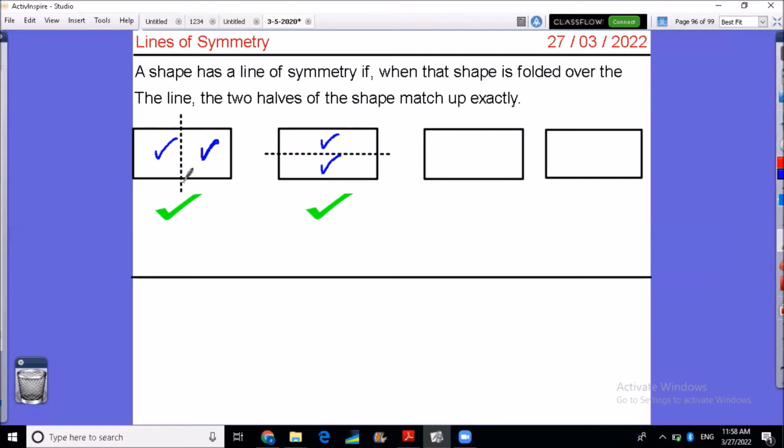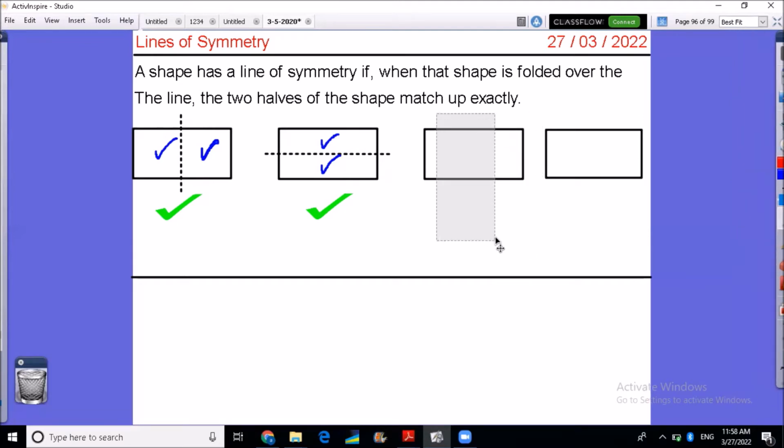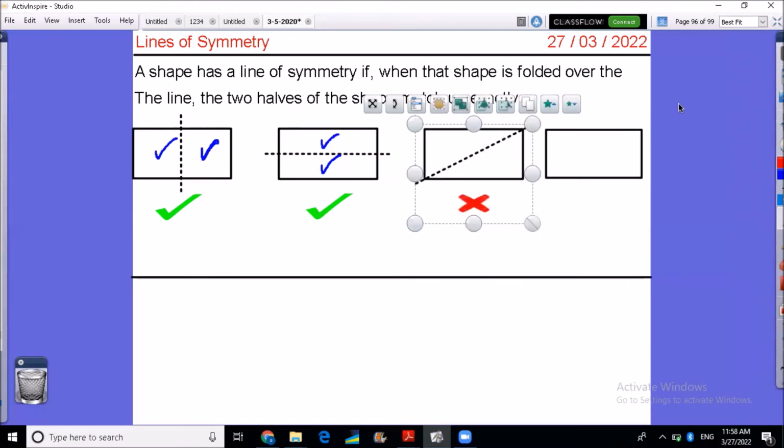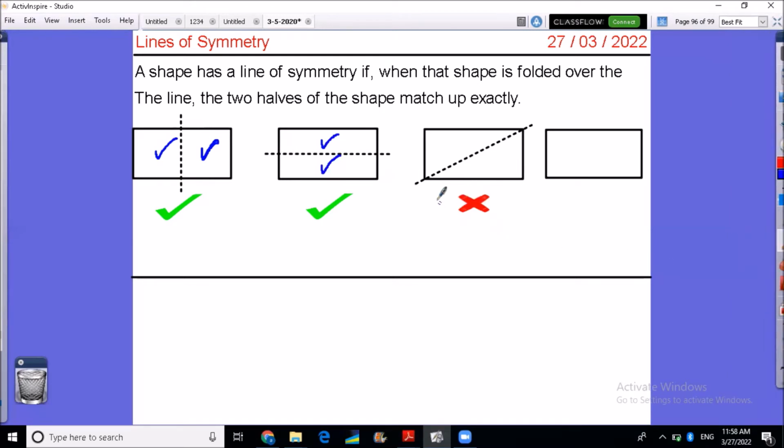Can I draw another line of symmetry of this rectangle? Well, let's see here. If you get a piece of paper and try to fold it over a diagonal line, they will never match up exactly. Really try to do this.